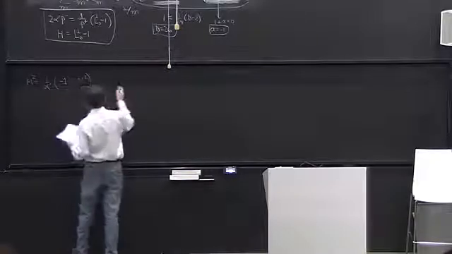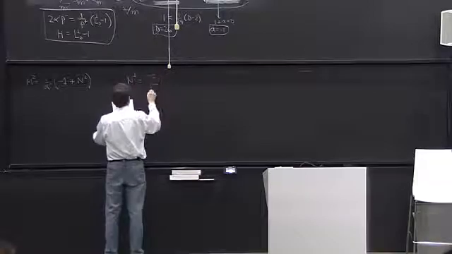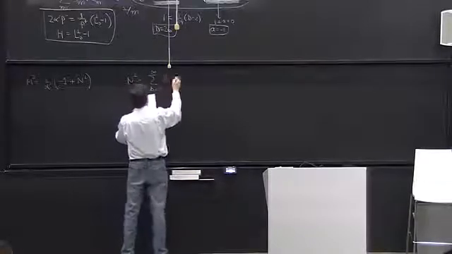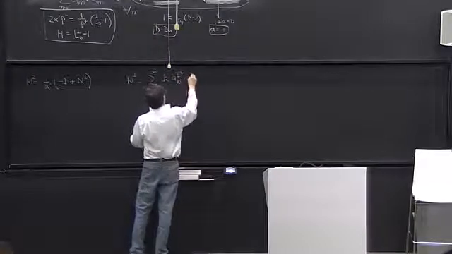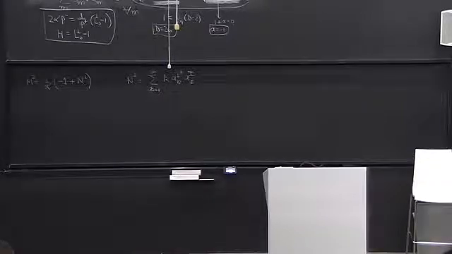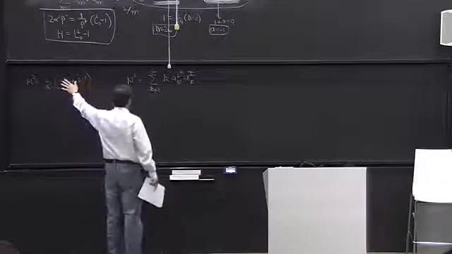That came from L0, and that transverse number operator was the sum from k equals 1 to infinity of k a_k^I dagger a_k^I. So let's make sure you remember this. This is sort of the L0 minus 1 contribution.